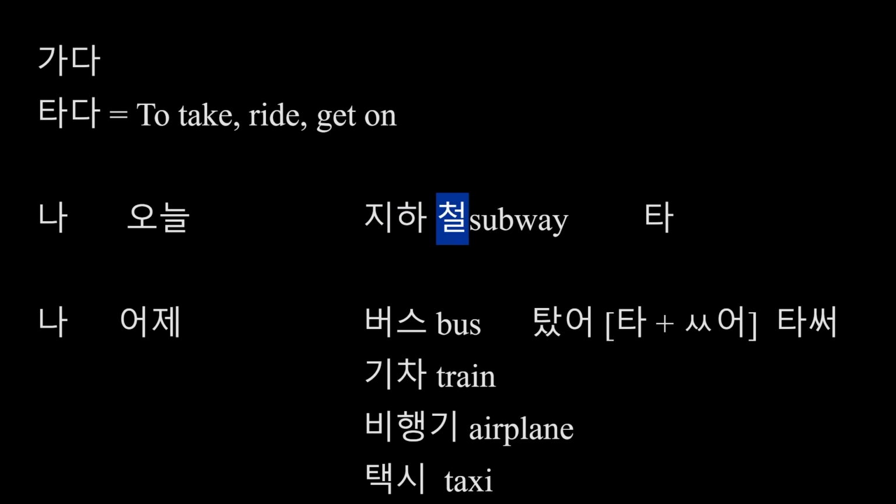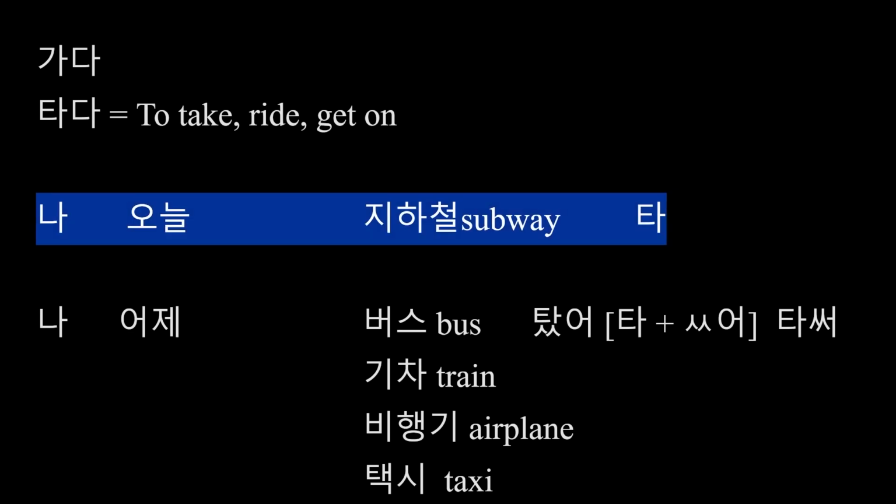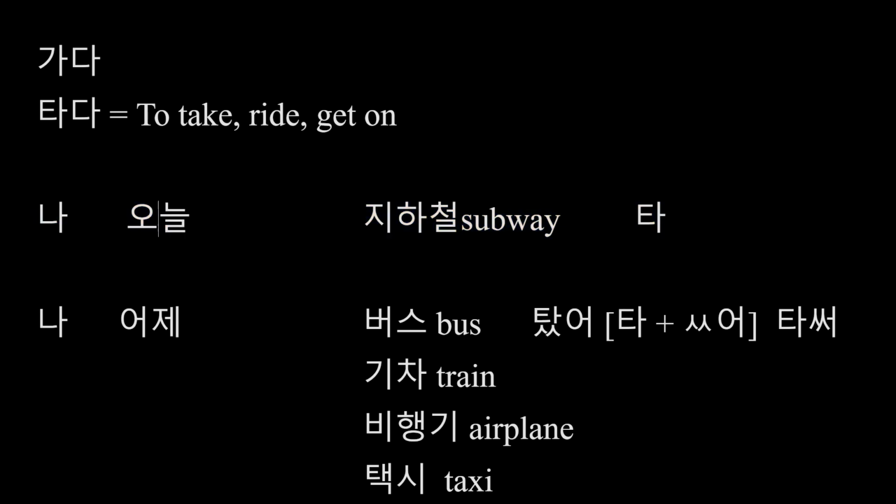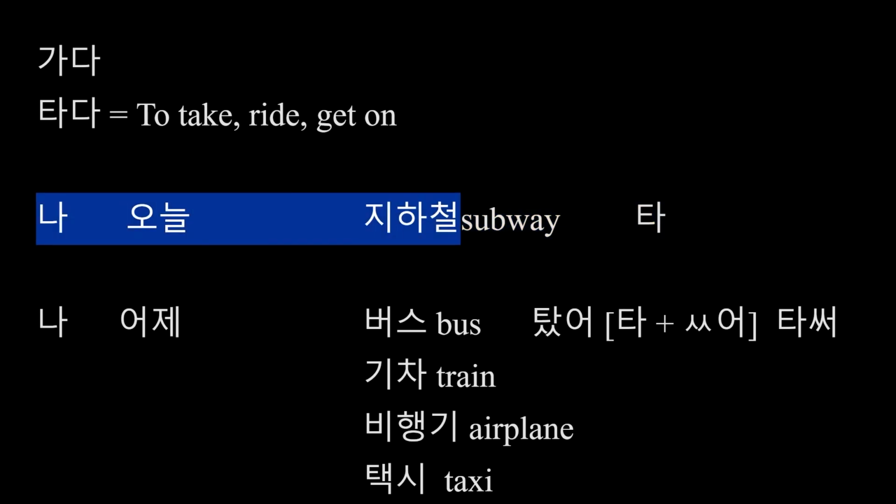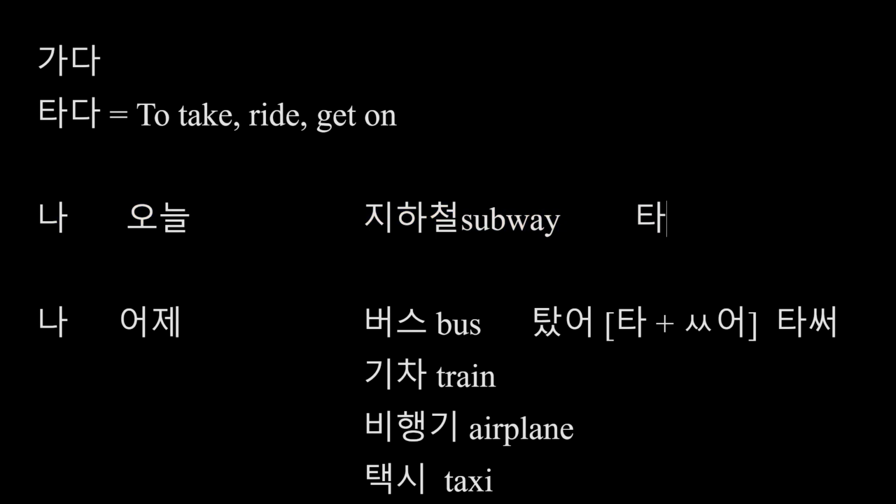And here, 철 means iron. So basically, underground iron. The underground iron is subway in Korean. So this sentence is 나 오늘 지하철 타. I take the subway today.